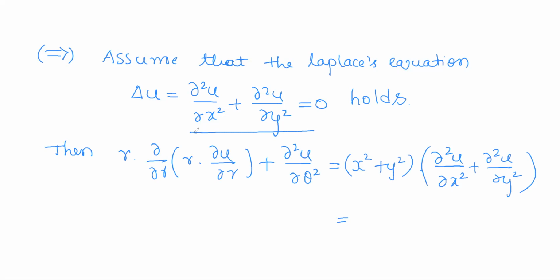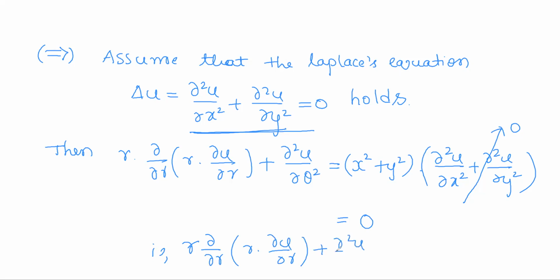That means this sum is equal to 0. So substituting that value, this becomes 0. So 0 into anything will be 0. So we proved that assuming the Laplace equation holds, the given equation holds. That is r ∂/∂r of r ∂u/∂r plus ∂²u/∂θ² equals 0. So this completes the direct part.